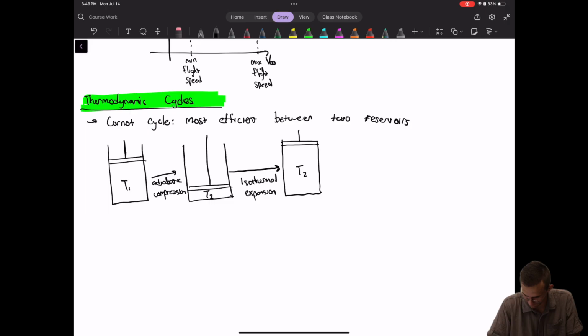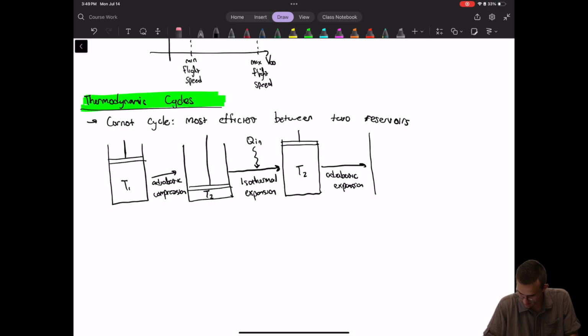Okay, and that's where you have that heat that it's taking from that thermal bath. Then you have adiabatic expansion, where the piston will move up even more and return to temperature 1. Okay?